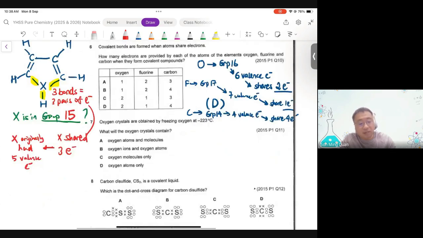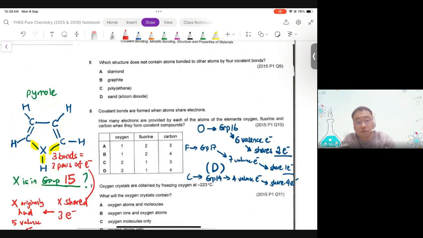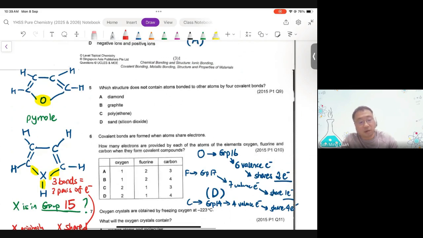Now, another molecule that looks like this is furan. Furan looks like this. You can copy down as well. These are commonly tested molecules we love to test. You notice furan has an oxygen instead of a nitrogen.